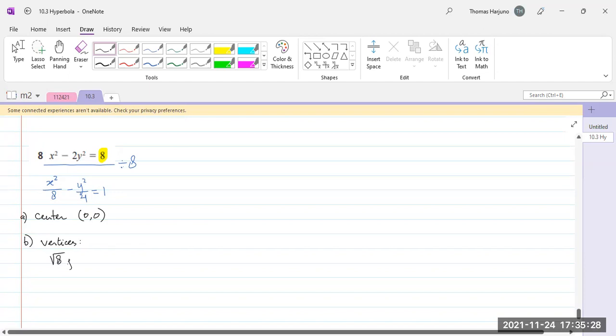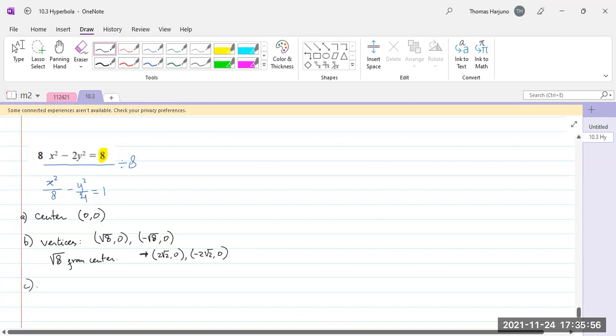From the center. So the vertices will be square root of 8 comma 0, negative square root of 8 comma 0. We can simplify that to be 2 radical 2 comma 0, negative 2 radical 2 comma 0.